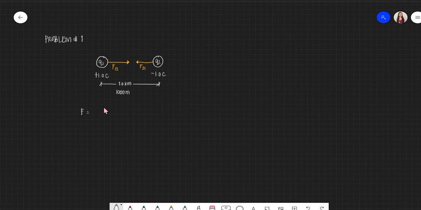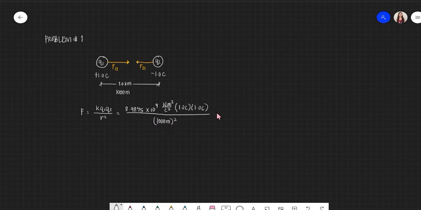So F is equal to K Q1 Q2 over R squared. So that's 8.9875 times 10 to the power of 9 Newton meter squared per coulomb squared times the absolute value, so we don't include the charge sign. So 1 coulomb times 1 coulomb divided by 1,000 meters quantity squared.